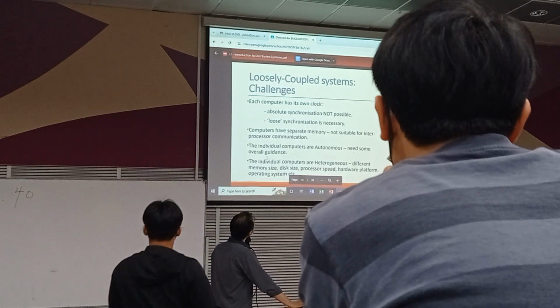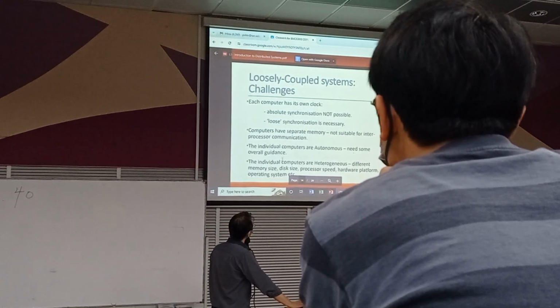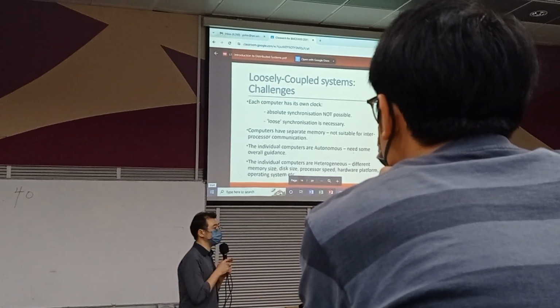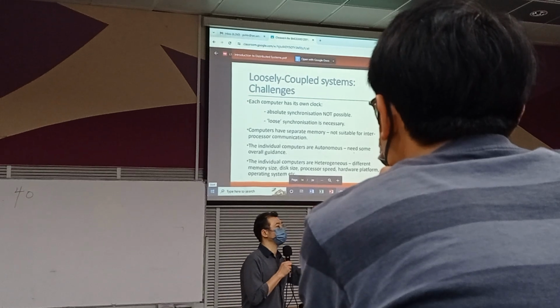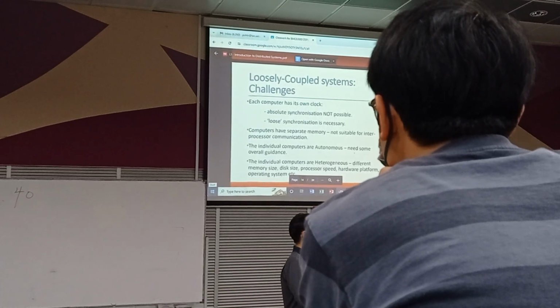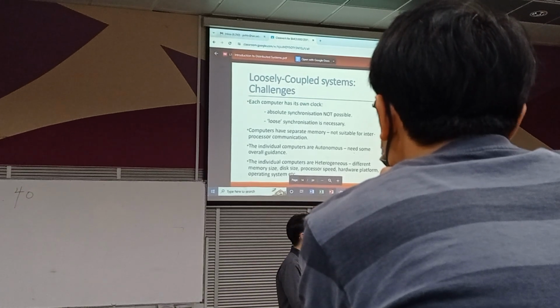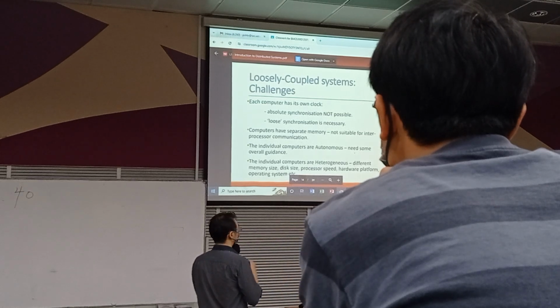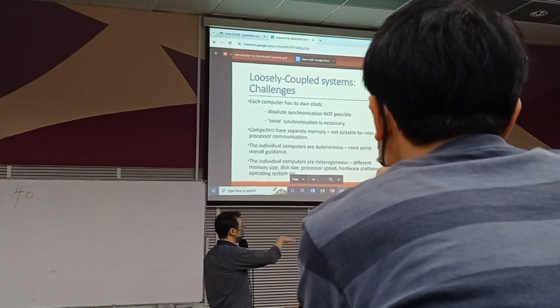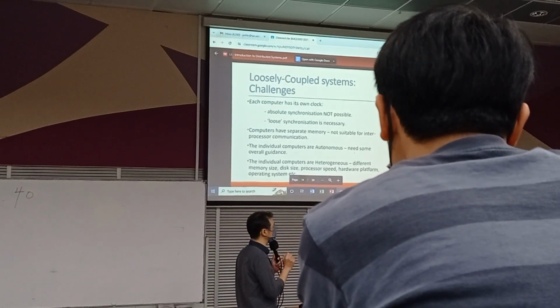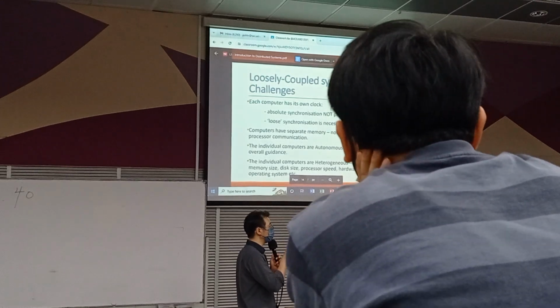Okay, another challenge is you need to make sure that the computers are autonomous. That means they have their own authority. That means they are intelligent on their own to do some decision making. So when you give a command, they can do it in a distributed manner, not in a centralized manner. Like, for example, banking.